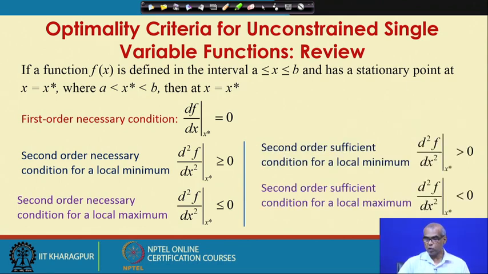We also talked about second order sufficient conditions. The second order sufficient condition for a local minimum is d square f/dx square evaluated at x star strictly greater than 0. Similarly, the second order sufficient condition for a local maximum is d square f/dx square evaluated at x star strictly less than 0.